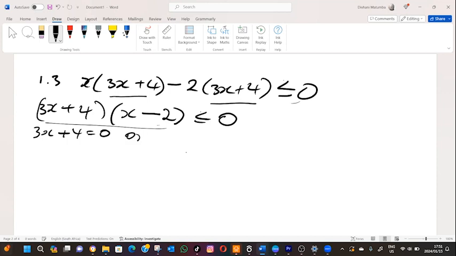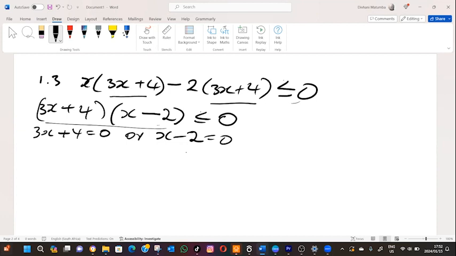I'm going to repeat the same thing I did on the first solutions that I did on question 1.1. So we're going to have x minus 2 equals 0, and also 3x plus 4 equals 0.